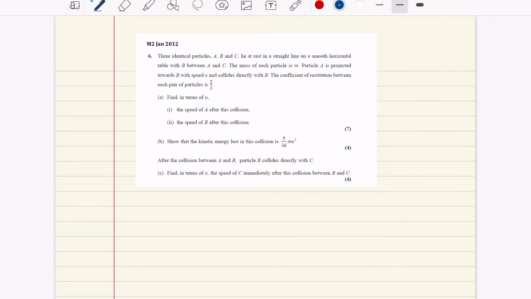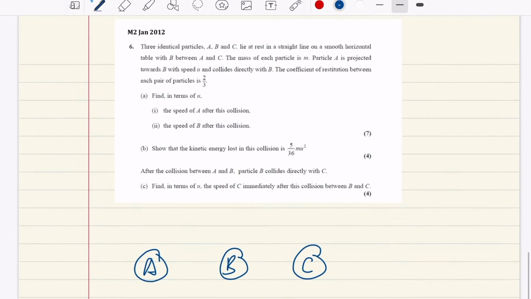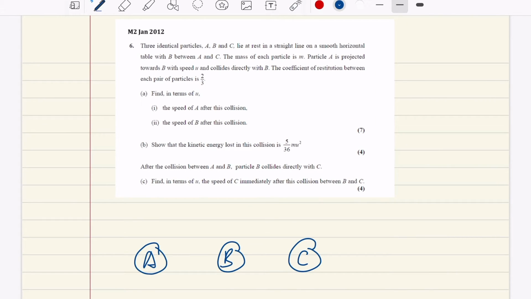3 identical particles A, B, and C lie at rest in a straight line on a smooth horizontal table with B between A and C. Yep, so my diagram is correct. The mass of each particle is m.